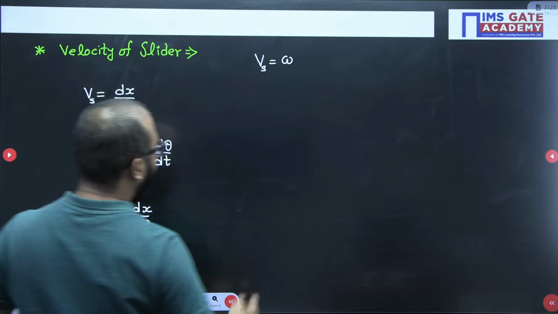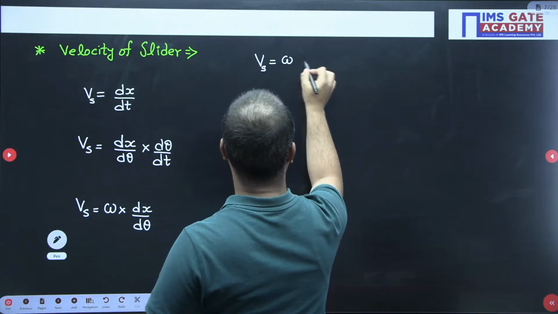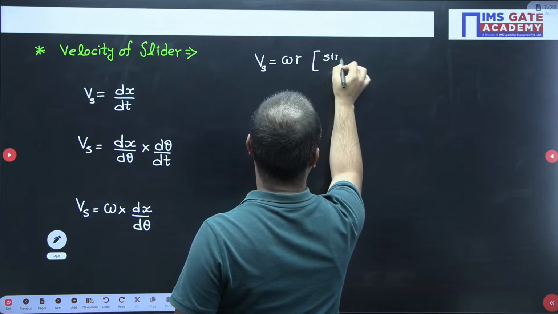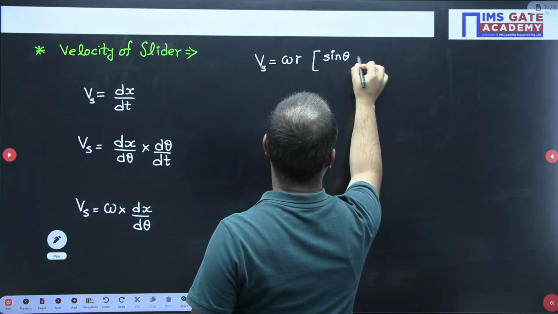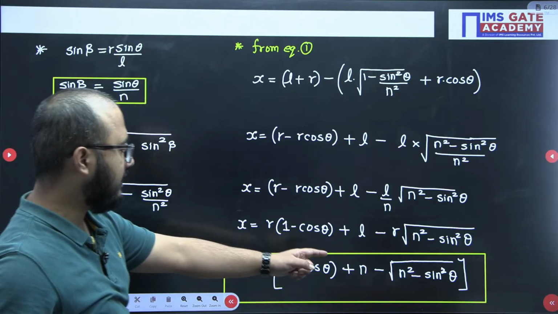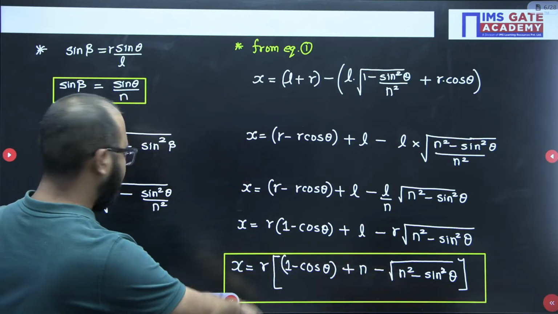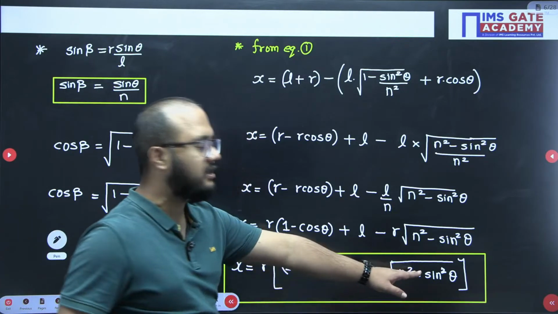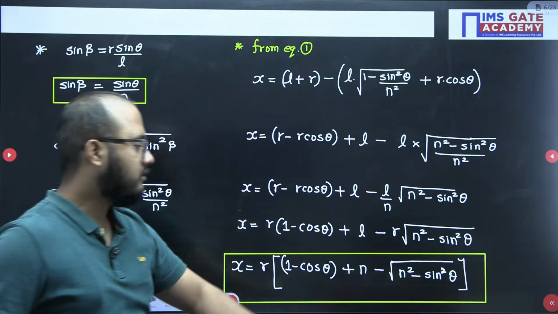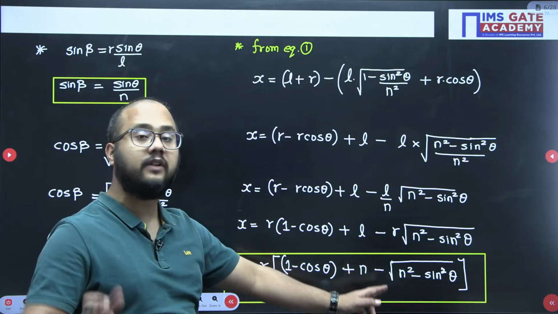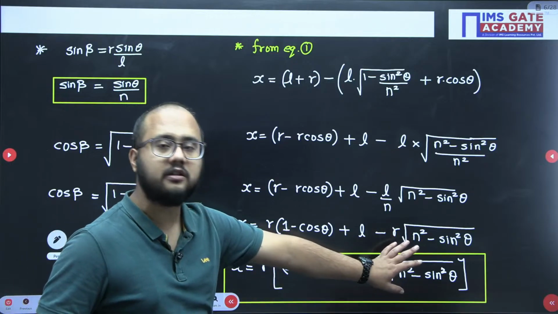So finally, if I solve here, you will get omega into r sin theta plus, because the minus sign gets cancelled out when I differentiate this square root. Don't be confused why I've written it positive in the differentiation; that negative sign gets cancelled when differentiating the square root.